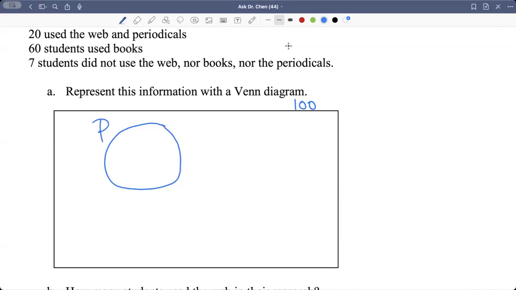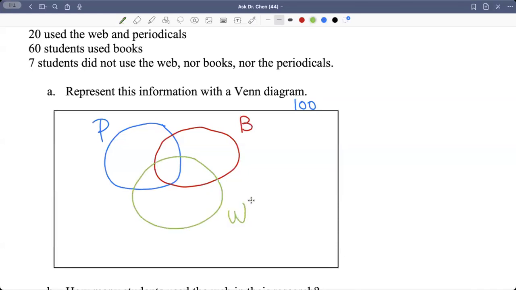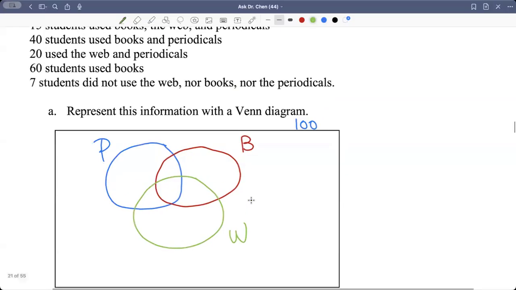Let's make this P, this a book B, and this web W. Let's use 3 different colors.